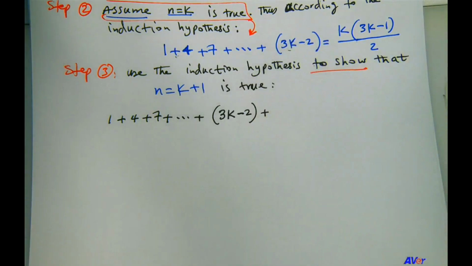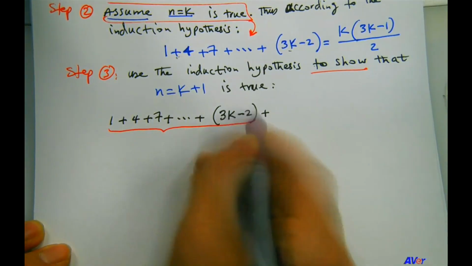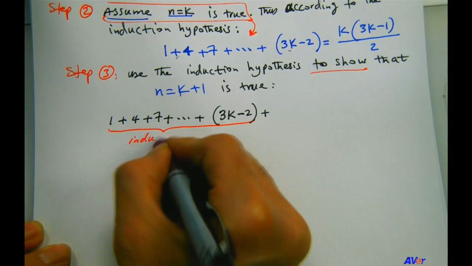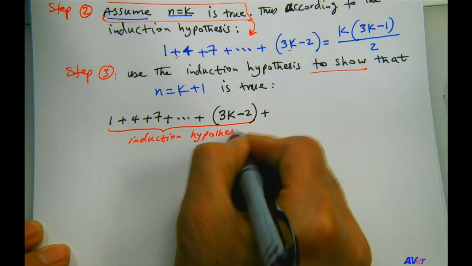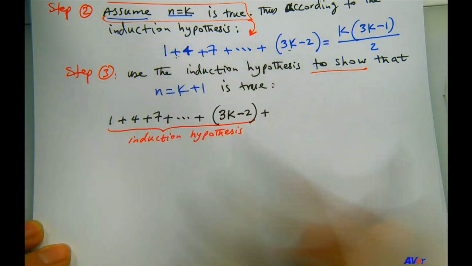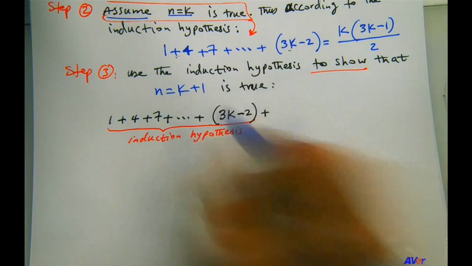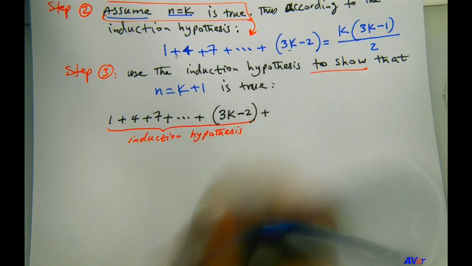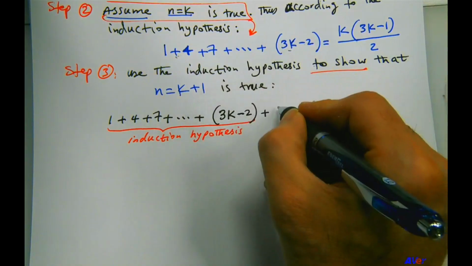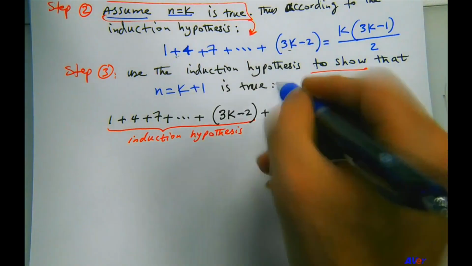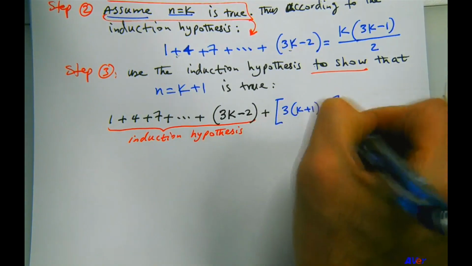So this piece, so far, this is the induction hypothesis. We assume that this is true. That's from step 2, and we're using that to show that this is true. So now we have an additional term, right? 3k minus 2. Let's plug in for k with k plus 1. What do we get? We get 3(k plus 1) minus 2, right?